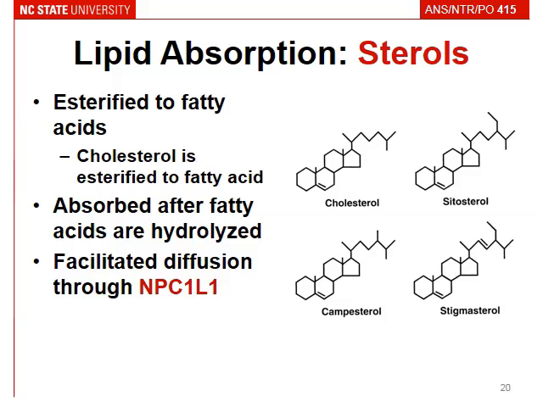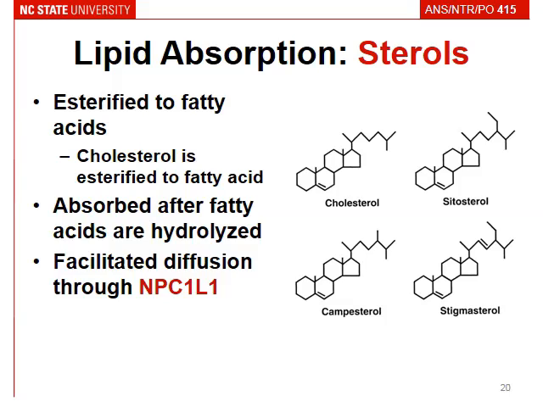We utilize the lipid esterase to cleave the fatty acid from cholesterol. The fatty acid is hydrolyzed first, and then we are able to absorb the cholesterol after. So cholesterol is absorbed through facilitated diffusion, and its transporter is NPC1L1.